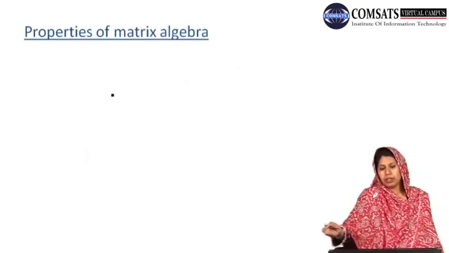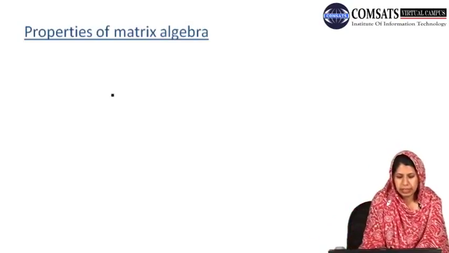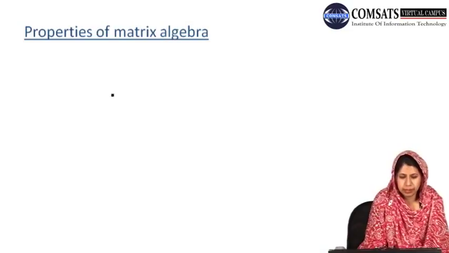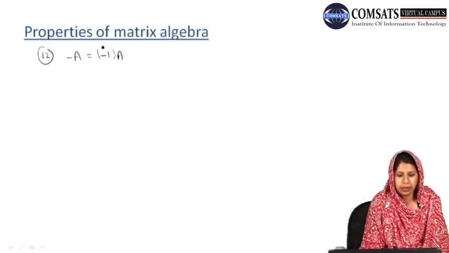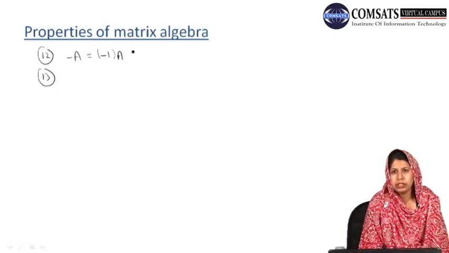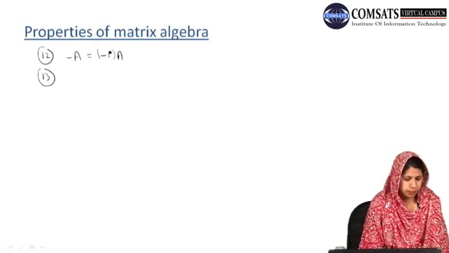These properties are very well known and we use them in our daily life, but we never recognize them. Our 12th property is that minus A is nothing but the scalar multiple of our matrix A with the scalar minus 1. We have just seen it when we were solving matrix subtraction.